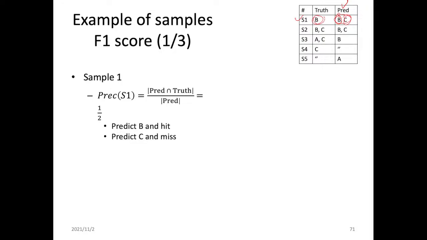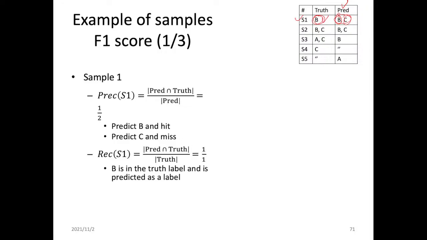And the truth is only B is positive. So precision is 1 divided by 2. What's the recall? Recall is, out of the truly positive labels, what's the percentage of them that are predicted as positive by my model? Here, we have only one positive label, which is predicted as positive by our predictor. So the recall is 1.